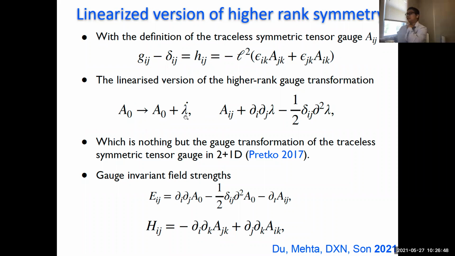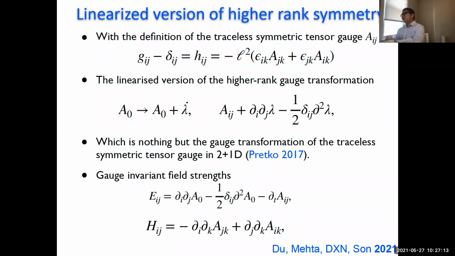Let's say lambda is a parameter depending on space and time. And you see that this linearized version is nothing but the gauge transformation of the traceless symmetric tensor gauge field introduced by Pretko in 2017.